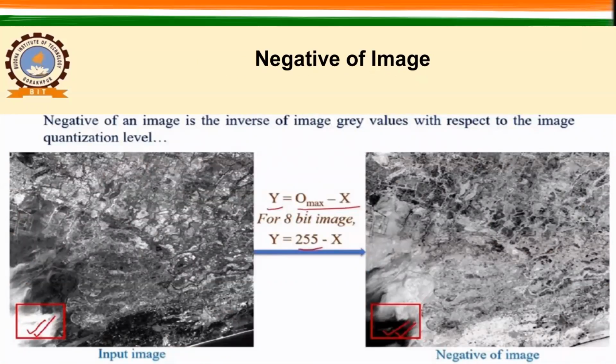Now, the negative of an image. All these are different methods of how we play with the digital number. The negative of an image is basically the inverse of the image gray level with respect to the image quantization level. If you have 8-bit data, you use 255 or 256 as your higher value, and here O max minus x is equal to y.